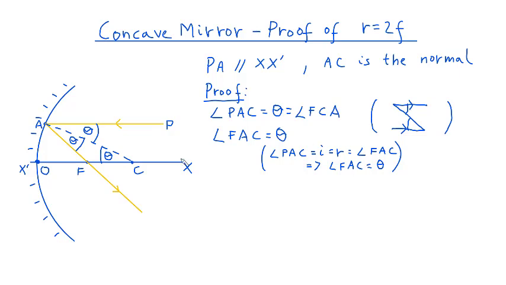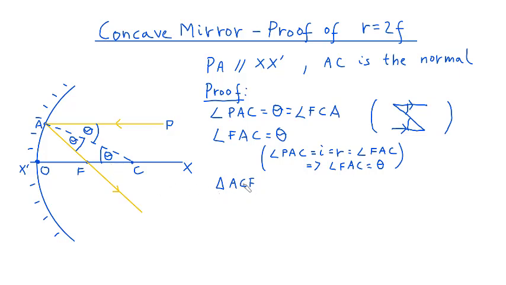Okay. Now, if you look over here, you can see we have a triangle here. Now notice that triangle ACF has two angles which are the same, right? This angle here and this angle here.